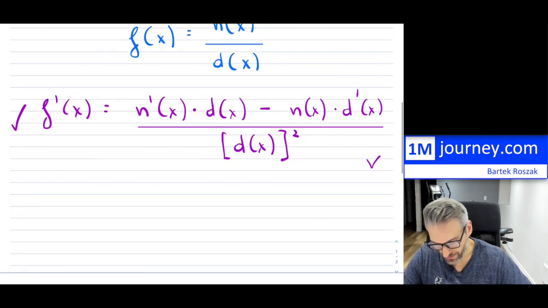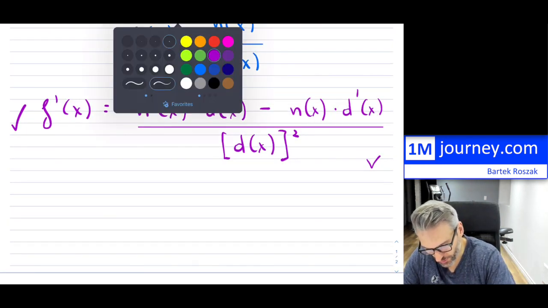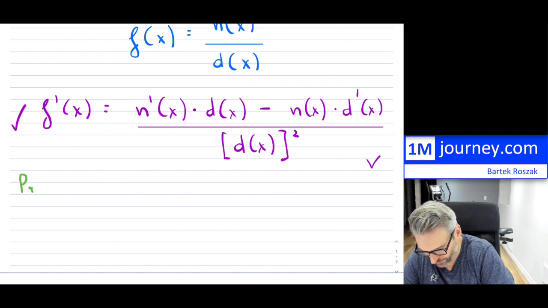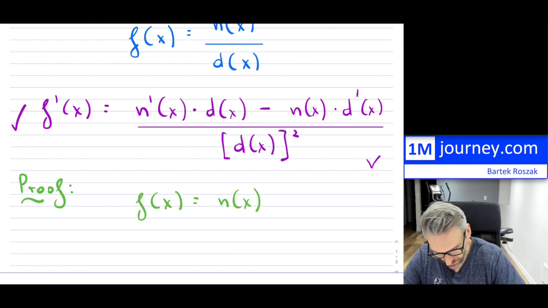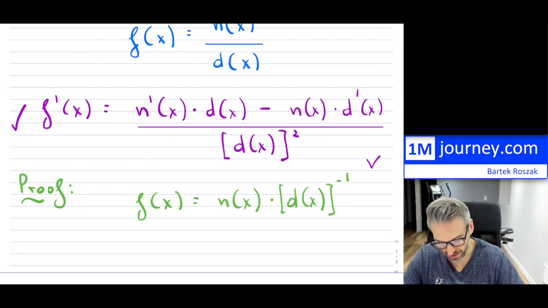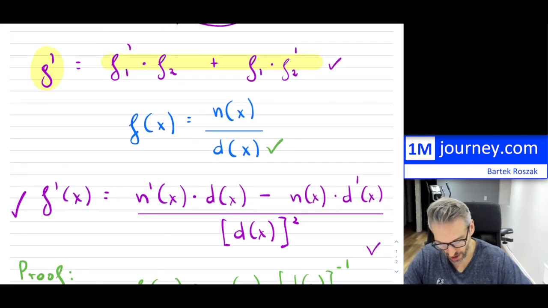If I'm beginning, then what I'm going to do first, with respect to our proof, is the following. So let's transition. I'm going to rewrite f of x as equal to the numerator multiplied by the denominator, but of course now the denominator is going to be to the -1 because it is right here at the bottom.